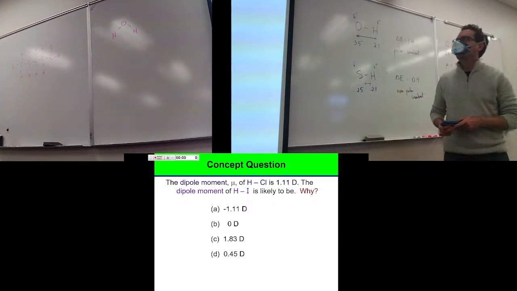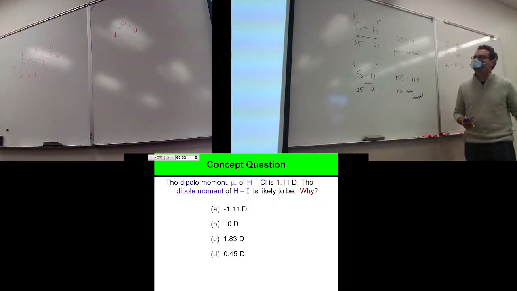So, if HCl's dipole moment was 1.11 debye, what might the dipole moment of HI be? And you don't have to know the number, but which one makes sense?